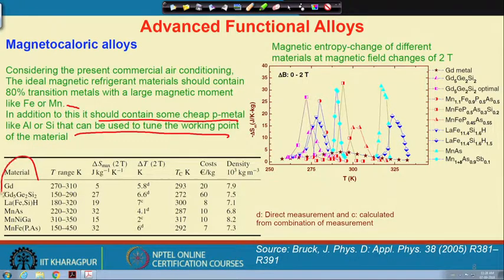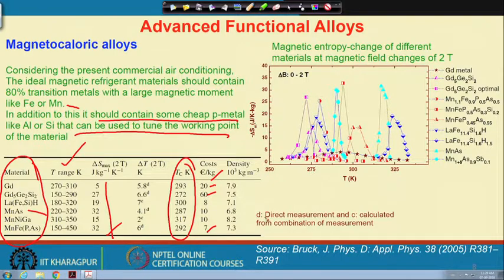Gadolinium based compounds are definitely quite expensive, so we also need to develop some cheaper compounds, and the Curie temperature should be near room temperature with a large entropy change. These are the materials that have been developed so far, and you can see the cost of gadolinium based compounds is quite high compared to some arsenide or phosphide iron manganese compounds.